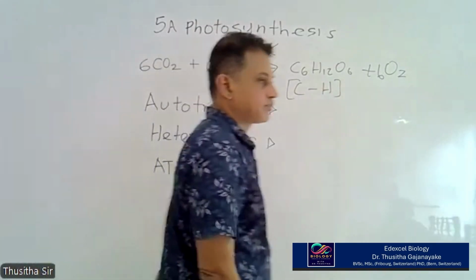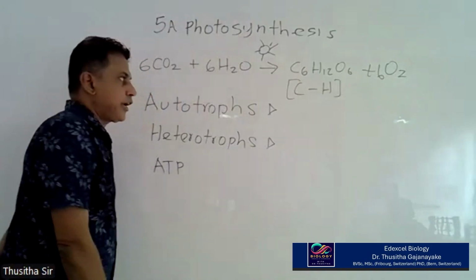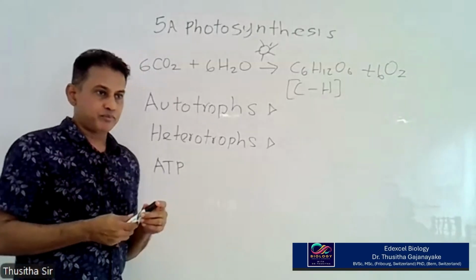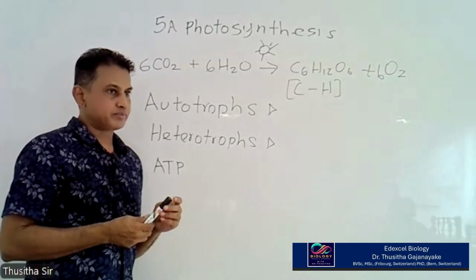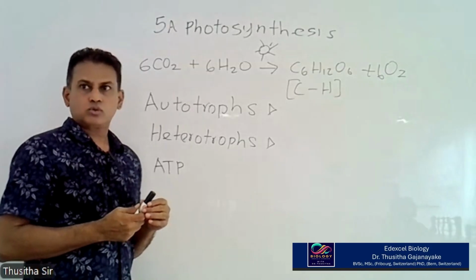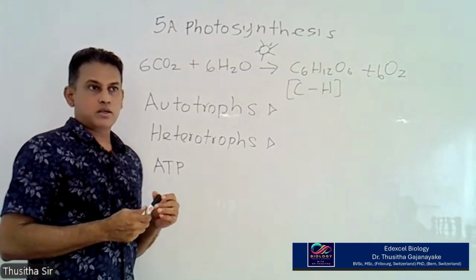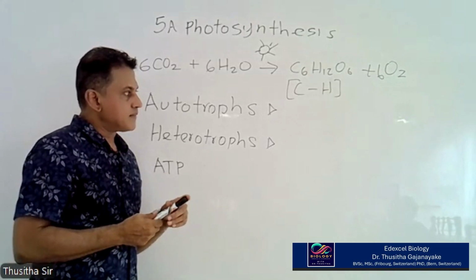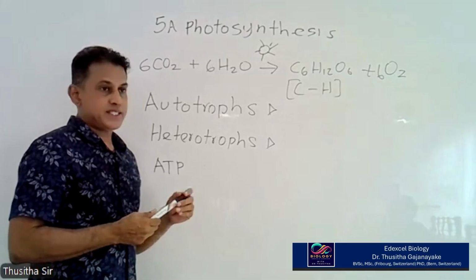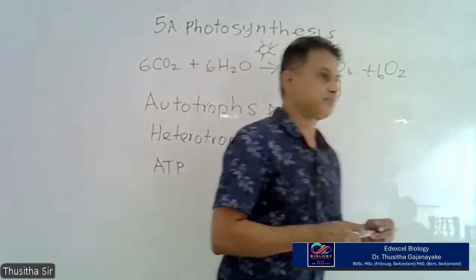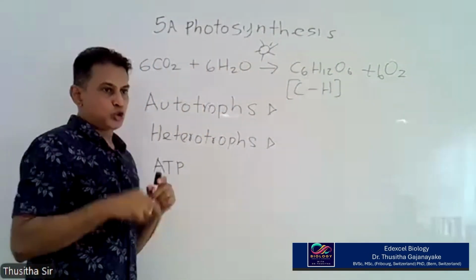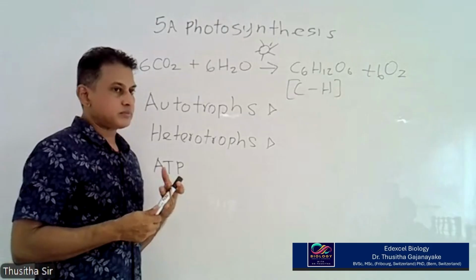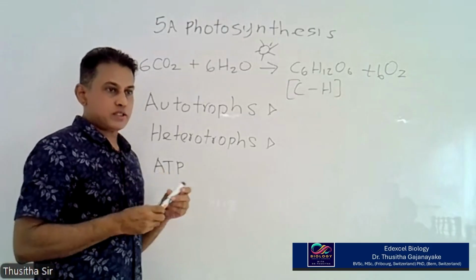Photosynthesis is a process in which the energy of sunlight converts to chemical energy such as glucose or starch.